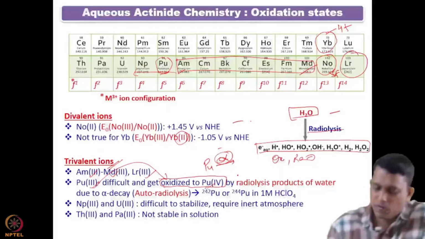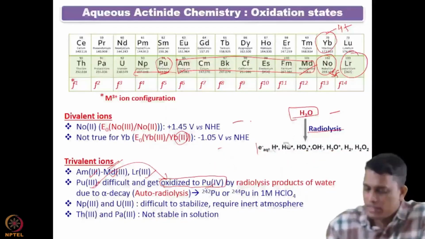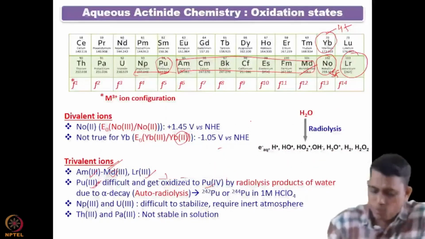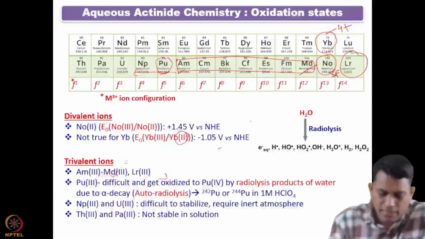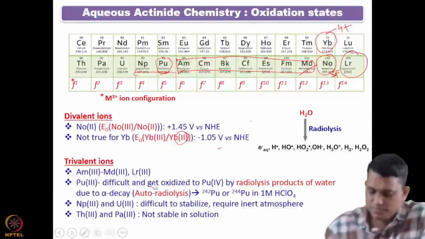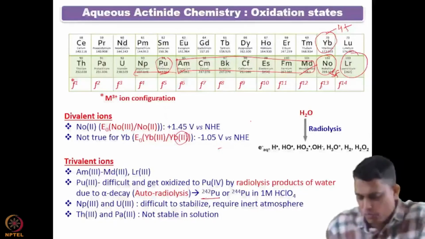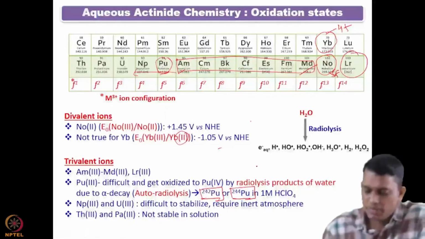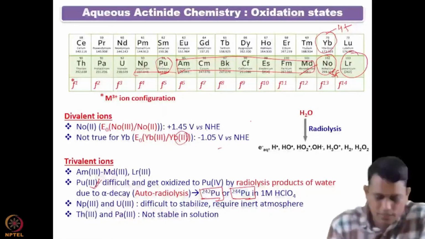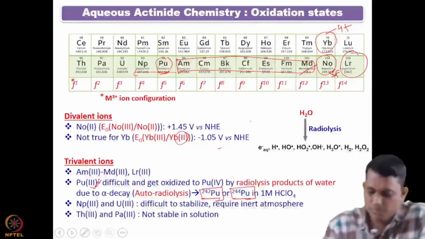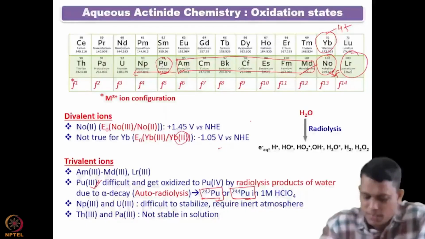To confirm that, what people have done is that they have used plutonium having a very large half-life, such as plutonium 242 or 244, and they have seen that when you are using this plutonium where the half-life is quite large, it means the alpha emission is low, then their stability in the plus 3 is quite large as compared to the plutonium isotope where the alpha emission is very frequent, or you can say its half-life is very small.